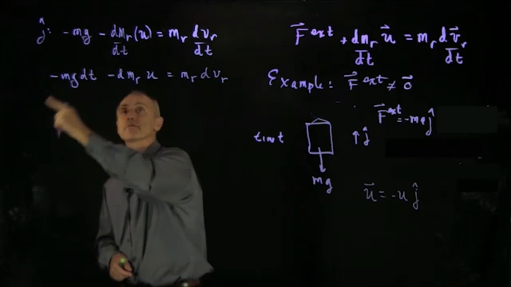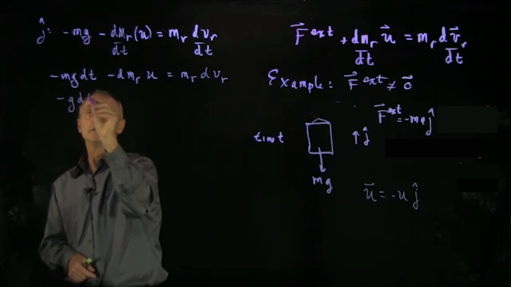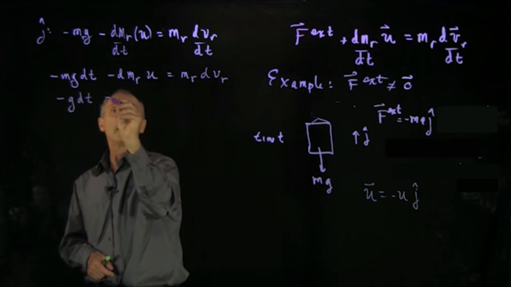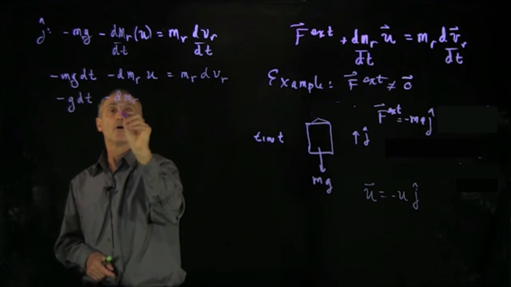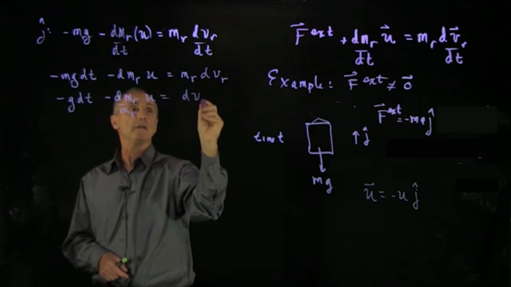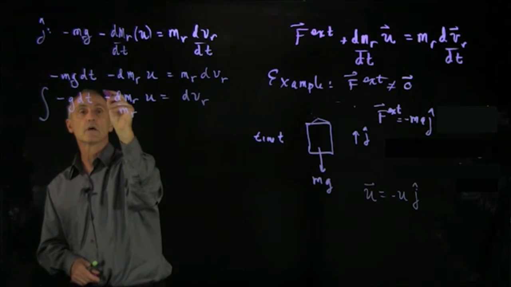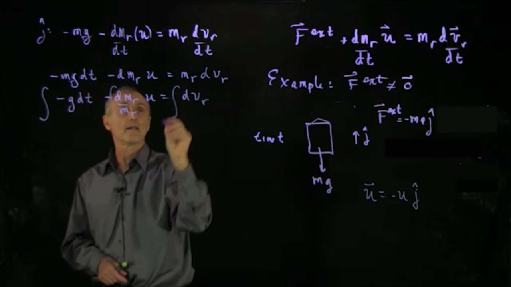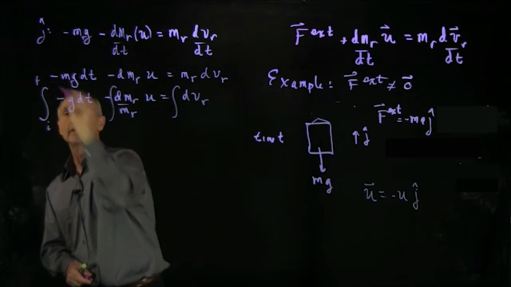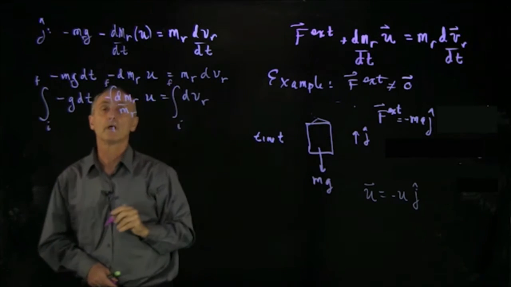And now let's divide through by the mass of the rocket. So we have minus g dt minus dm_r over m_r u equals dv_r. And once again, we can integrate this equation from some initial time to some final time. I'll just denote that by initial and final.